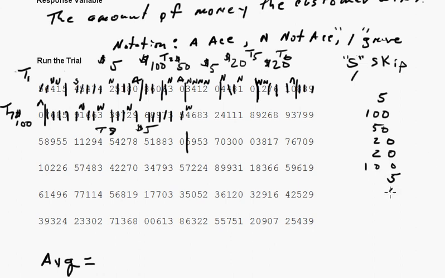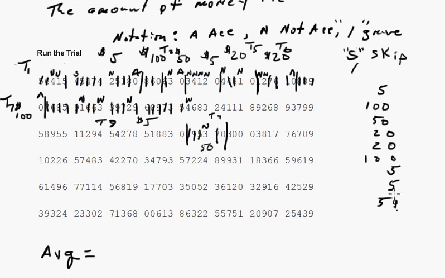Okay, so $5. So now T9 is ignore, ignore, ignore, not an ace, ignore, ace. So that would be $50. And then finally, not an ace, ace. So T10 is $50. Ace. Okay, so 50.